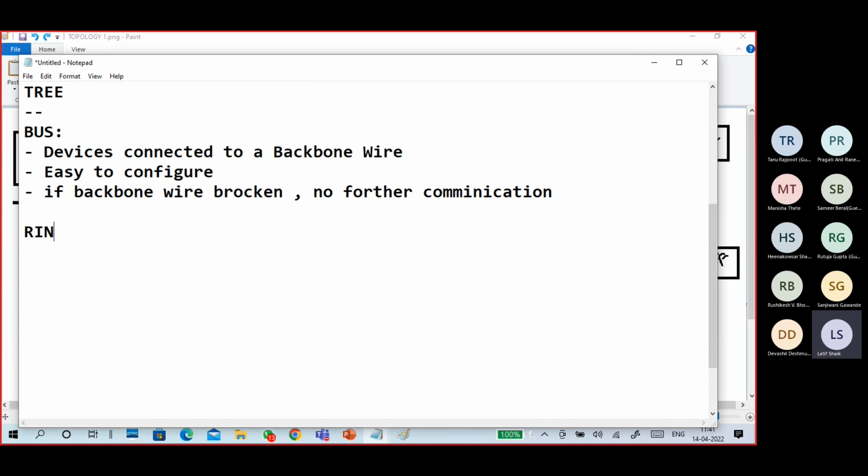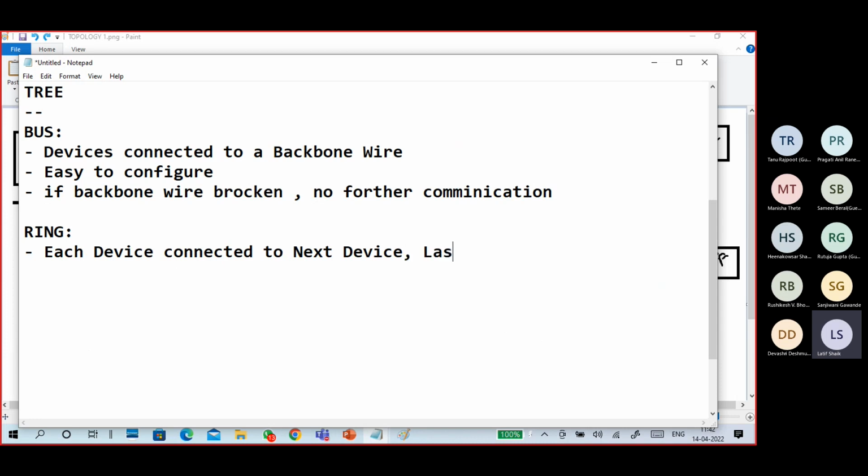Ring topology. So simply two lines I am trying to say this. A device or a computer is connected to the next device, or you can say each device is connected to the next device.